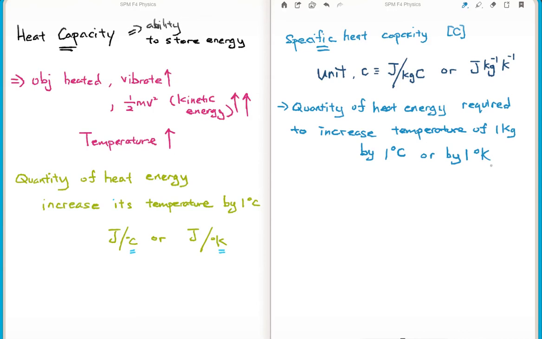It is the quantity of heat to increase the temperature of 1 kg per 1 degree C.